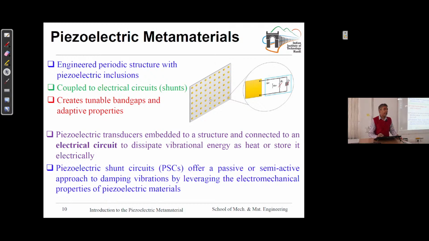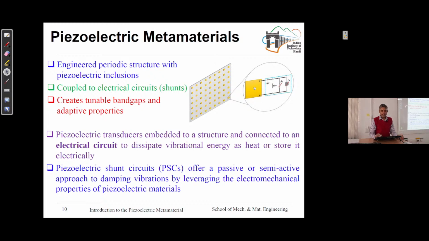If you want to have an active property, then you also have to use every meta atom with a shunt circuit, which will have resistance, inductance, and of course the capacitor is the piezoelectric material itself. As you know, piezoelectric materials behave as a capacitor.